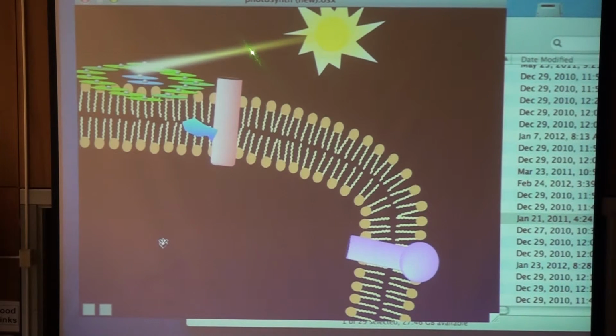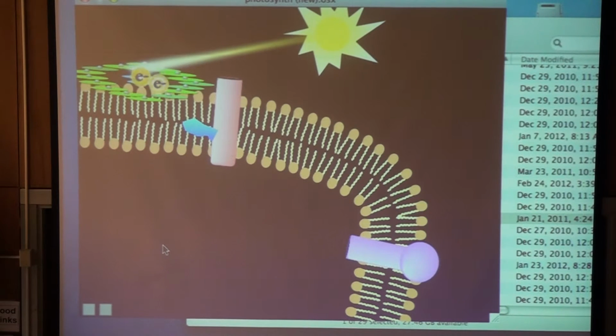Hydrogen ions from out here in the stroma get actively transported through this cytochrome complex to the inside. And as the process continues, more and more hydrogen ions are going to pile up inside the thylakoid membrane. Like that.